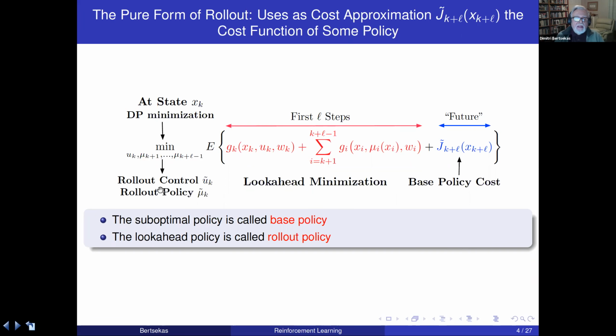Once we have that, then we pick the first component and we call it the rollout control, which is what we apply. And we throw away all the rest, all the mu's, we throw them away. Now, this process also defines for every xk a corresponding control, therefore defines a policy, mu tilde k. And we use the terminology base policy and rollout policy.